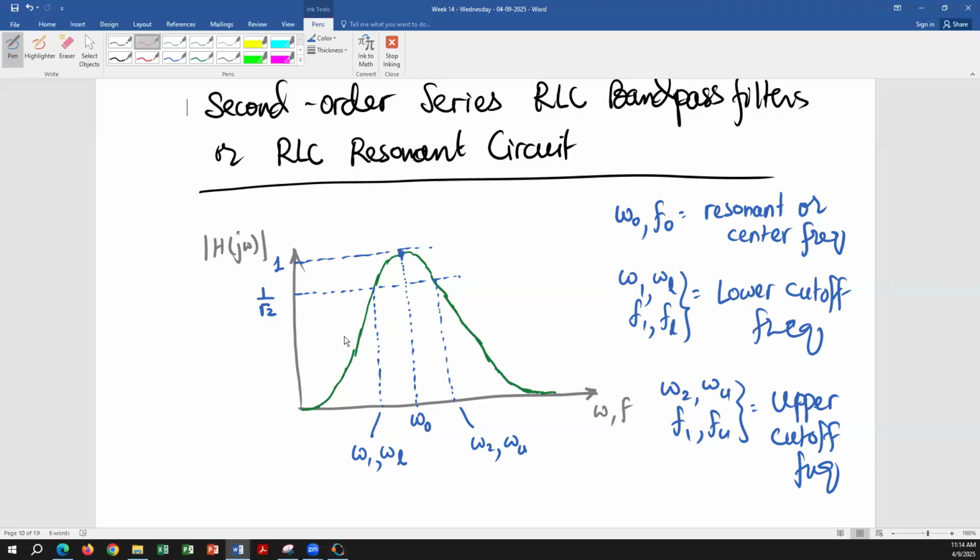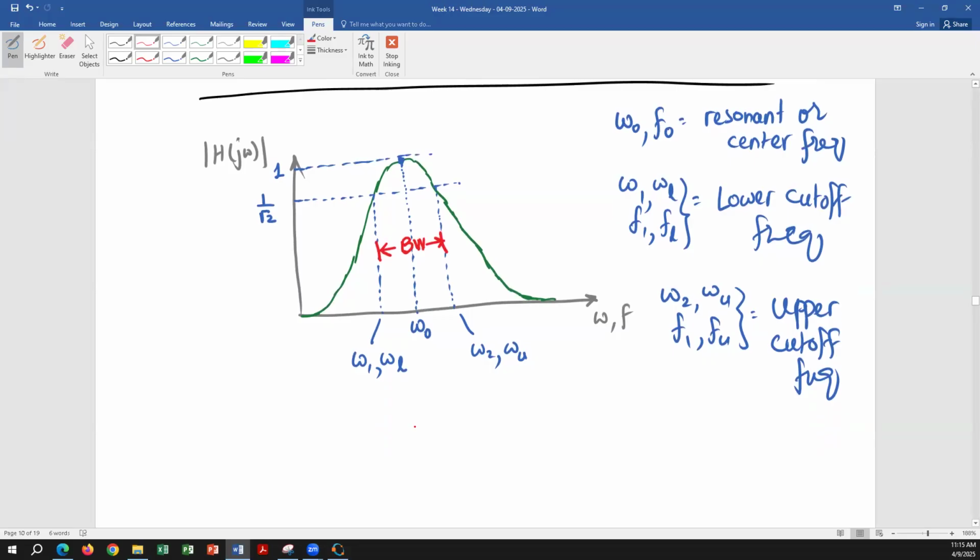The difference between the lower cutoff and upper cutoff is represented by the bandwidth of the filter. Generally represented by B, I'm just showing BW.